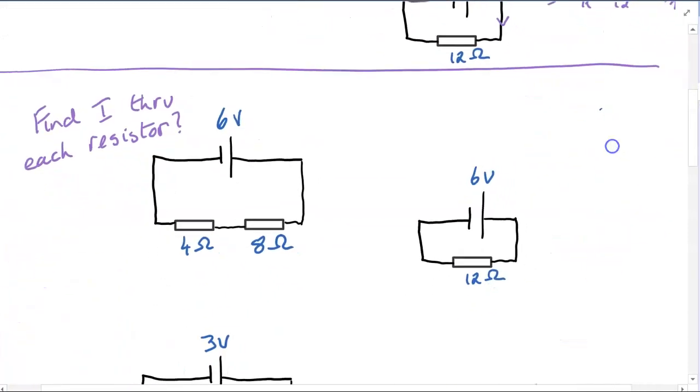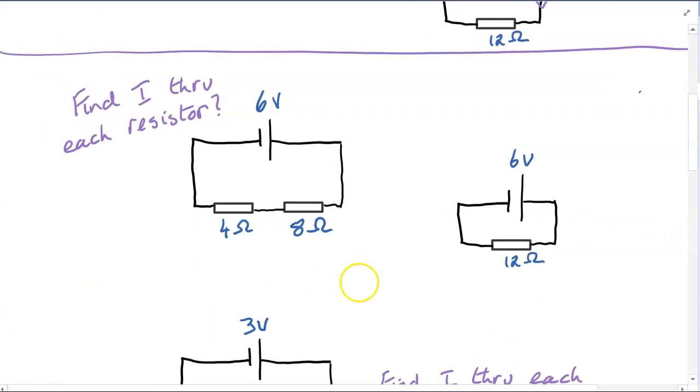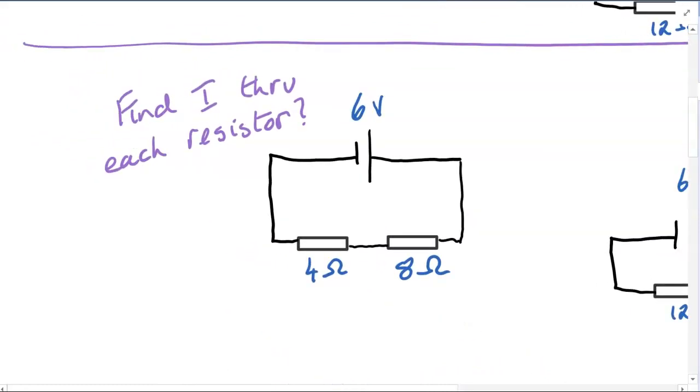So let's complicate things slightly. What if you have a series circuit here? I want to know what is the current that goes through each one of these resistors. I can't just use I is equal to V over R, because if I use, say, this resistance here, I need to know what the actual voltage is across that.